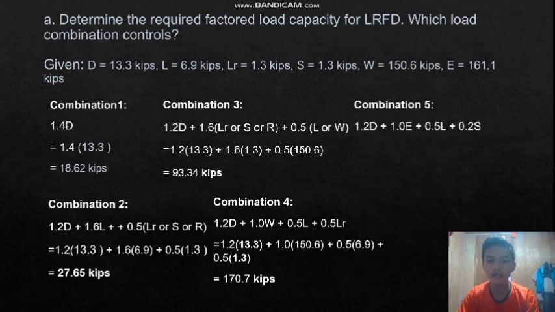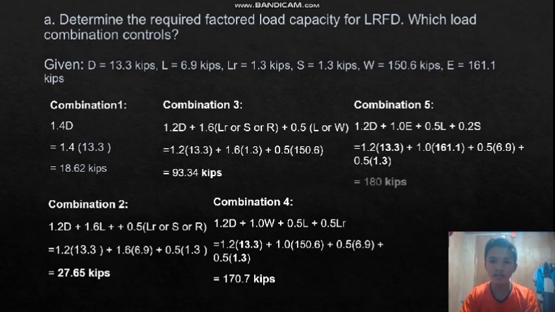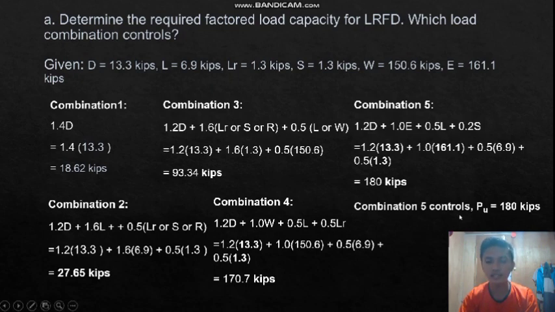For combination 5, 1.2D plus 1.0 multiplied by E plus 0.5 multiplied by L plus 0.2 times S. Substitute natin, and ang lalabas na value is 180 kips. So ang ating combination control is combination 5 since it has the highest value among the other combinations, and the required factored load capacity is 180 kips.